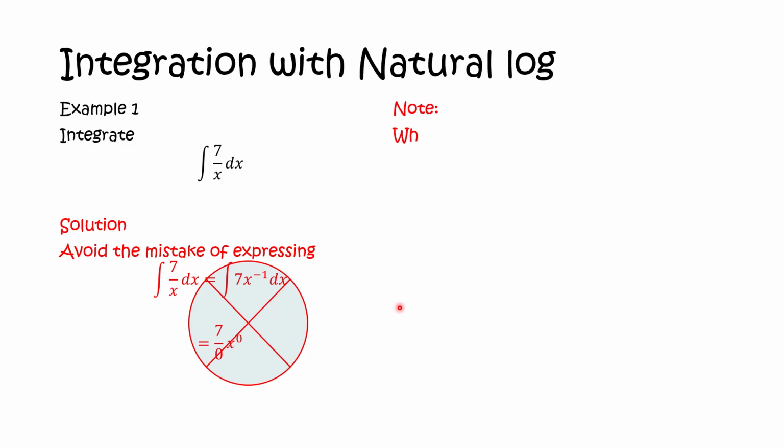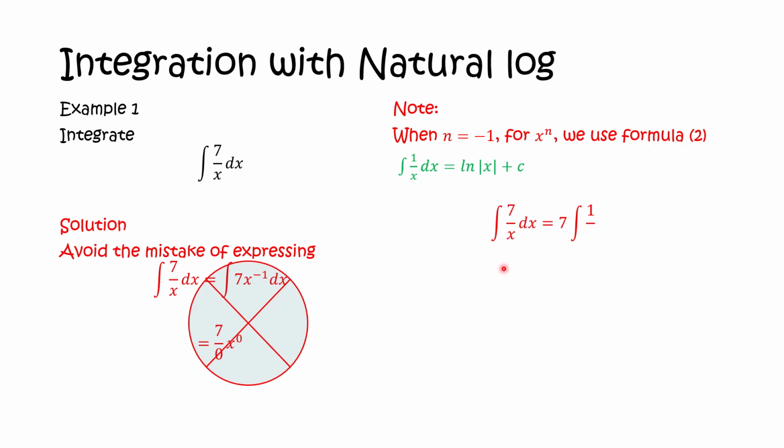Note, when n is equal to minus 1 for x to the n, we would use formula 2, which is the integral of 1 over x dx is equal to the natural log of the absolute value of x plus c. And with that in mind, we are going to use that approach.